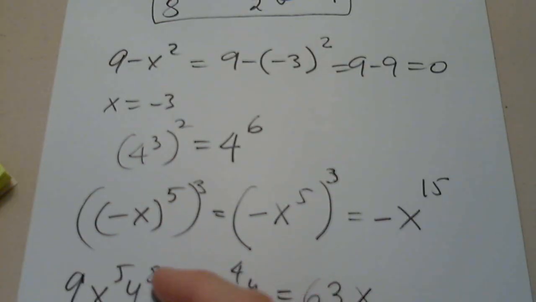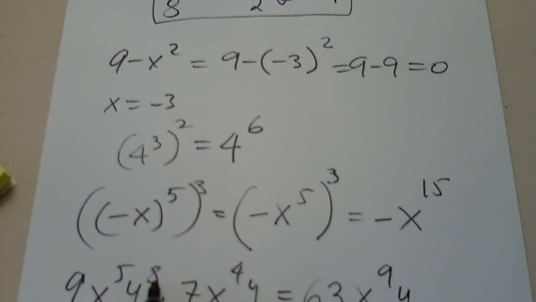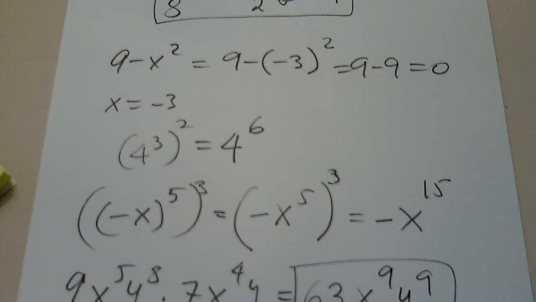We copy the base. What happens to the exponents? Add them. Yes, perfect. Copy the base, and again the same thing, add them. So this is it. There is nothing else you can do here. 63, x to the 9th, y to the 9th.